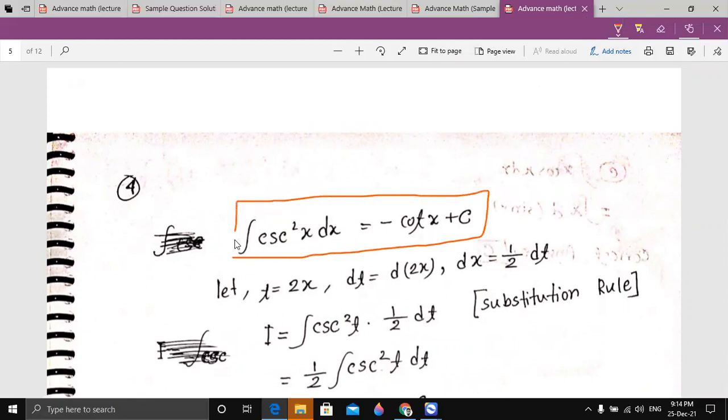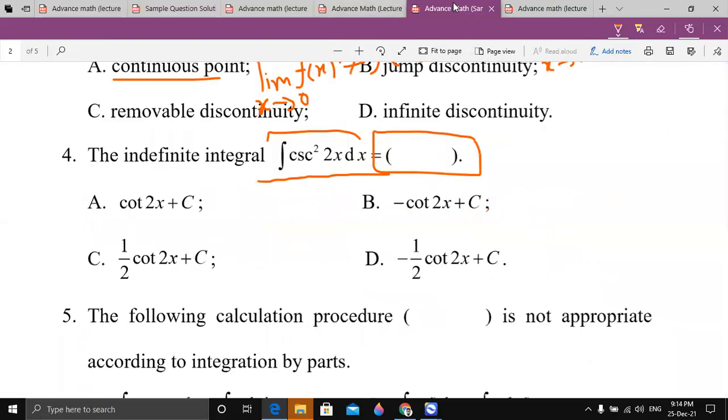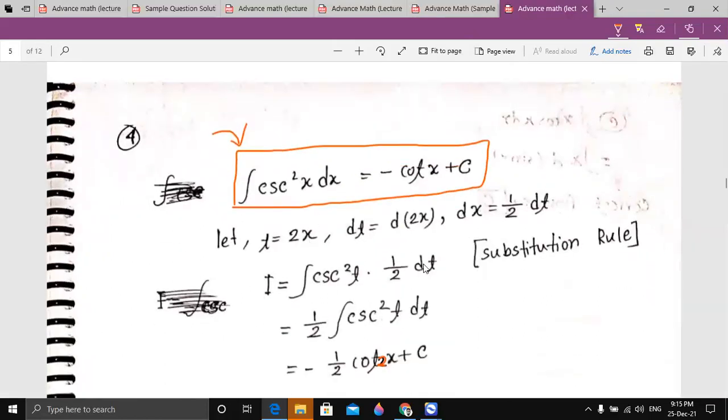This is a formula. Stuti, can you remember? But we have cosec square 2x instead of x. So that's why we have to use the substitution rule.